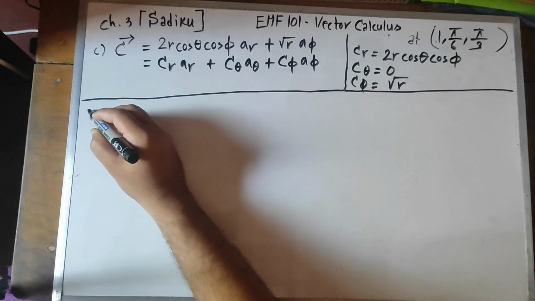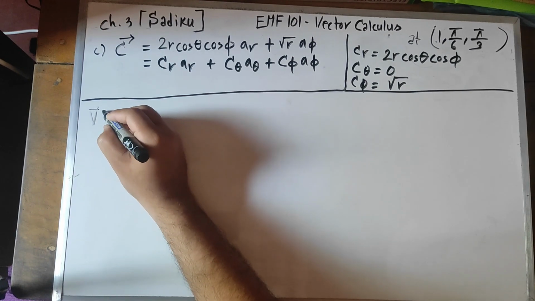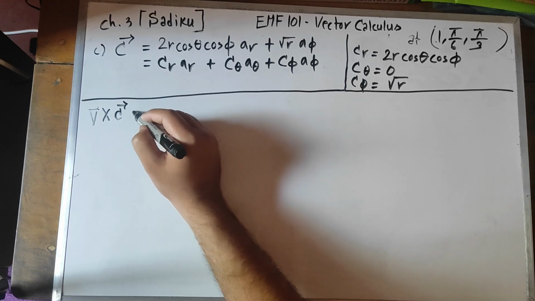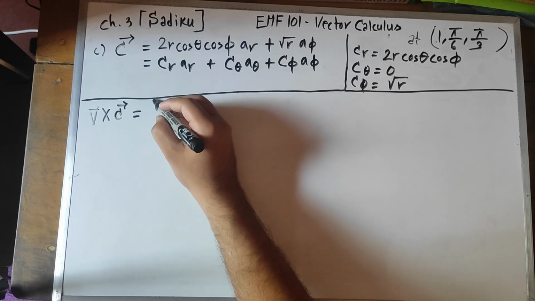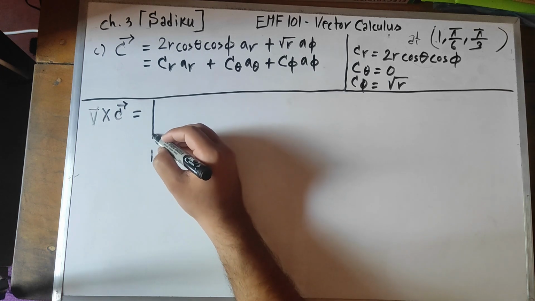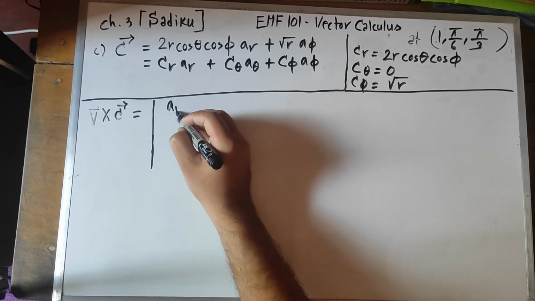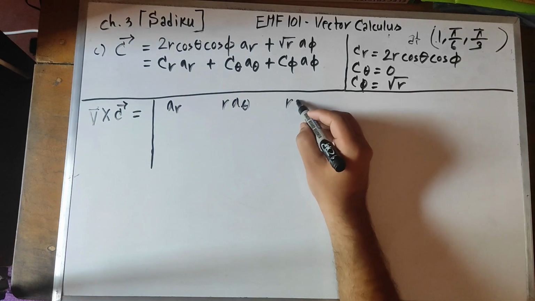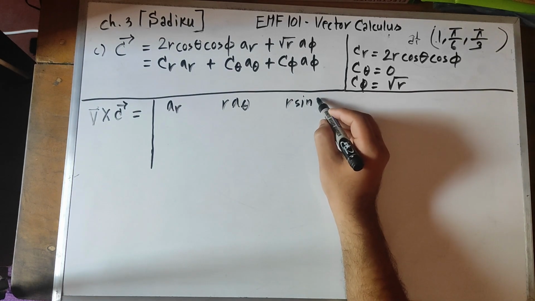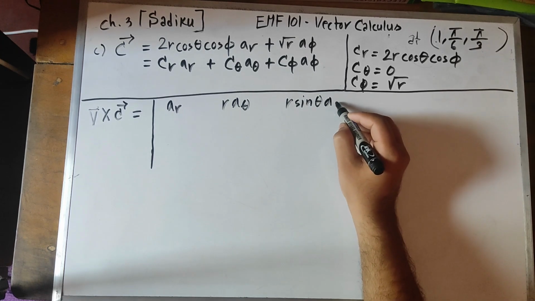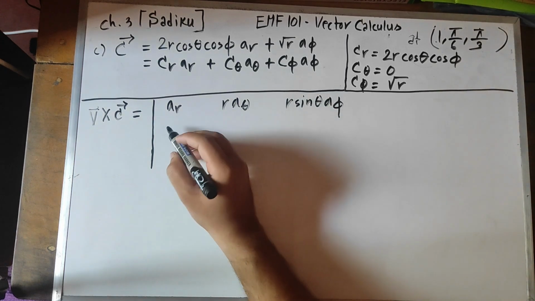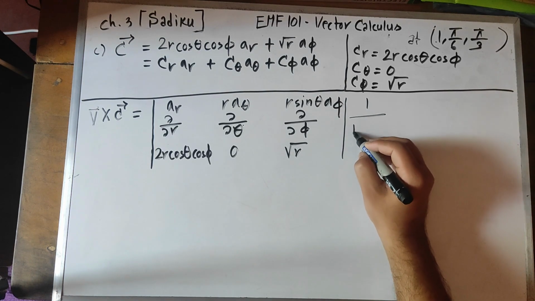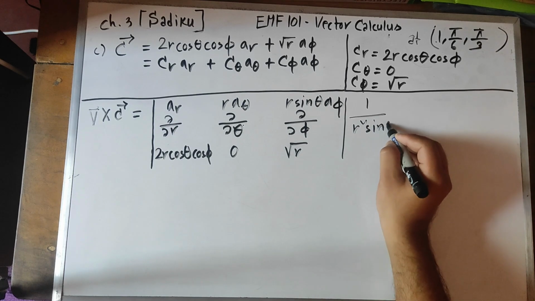So the del operator vector multiplied with the vector c, which is in spherical coordinate system, so the formula is a r, r a theta, r sin theta a phi, and there is 1 by r square sin theta.